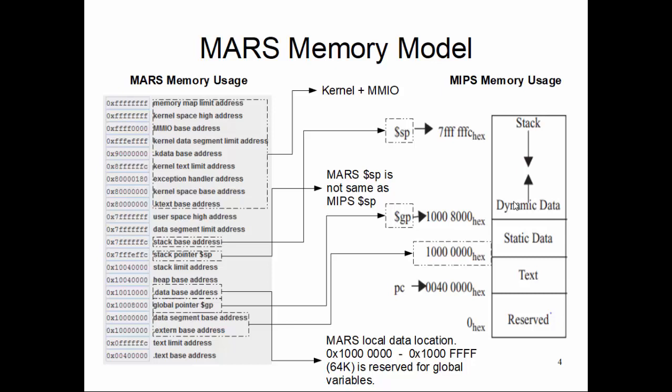Now, what is the advantage of that? If you keep the global pointer GP fixed at 10008000, then you can access this entire 64K address space relative to the global pointer with a 16-bit relative index.